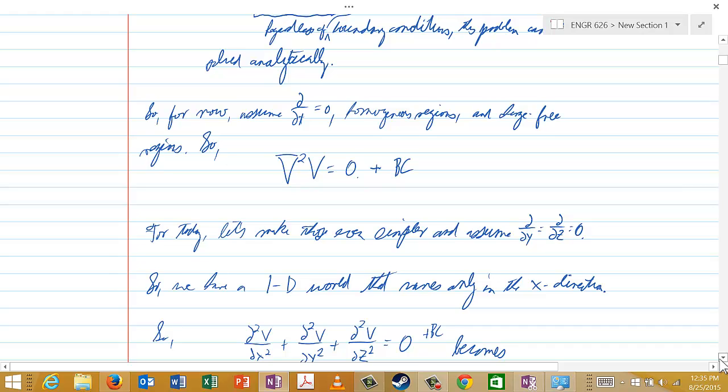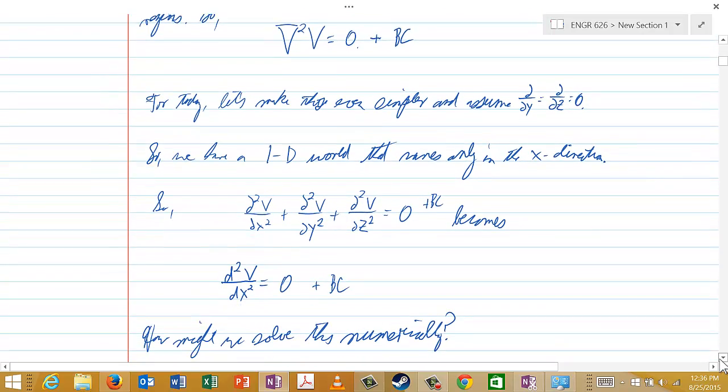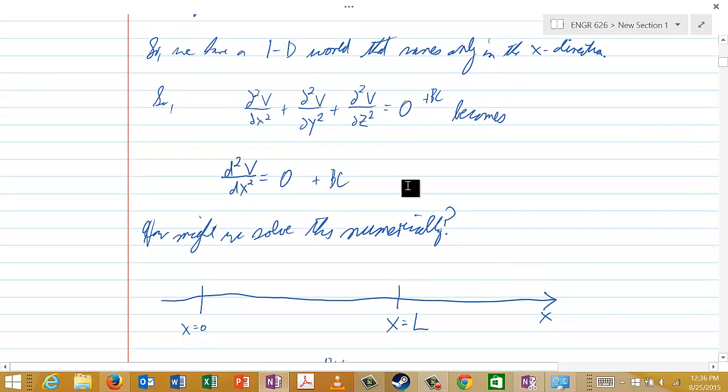And our equation, when we take out the variation with respect to y and z, then Laplace's equation just becomes this. Notice that not only have we dropped out the two terms that involve partial derivatives with respect to y and with respect to z, but also one other slightly more subtle change: this second partial derivative with respect to x has now become an ordinary derivative.